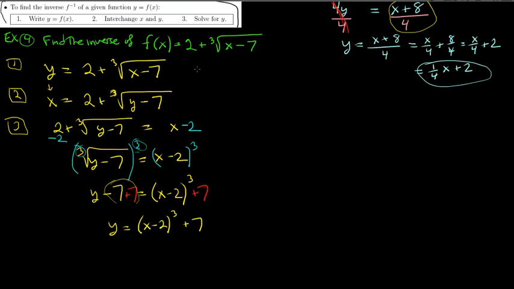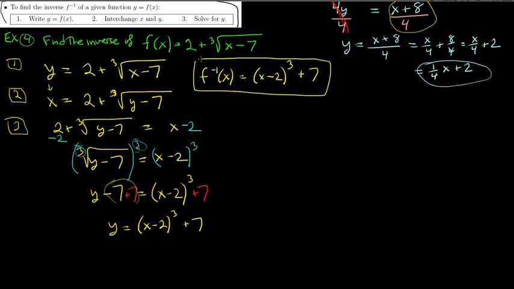In fact, we can write it: f inverse of x is equal to x minus 2 in parentheses, all raised to the power 3 plus 7. And that's it. That's the inverse. So I hope that helps. So it's a little more complicated. Oh, and again, feel free to leave it like this.